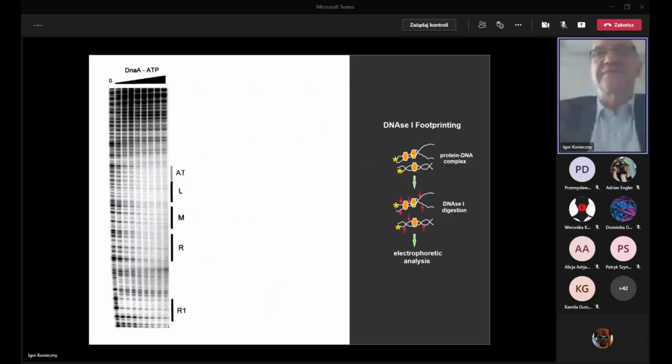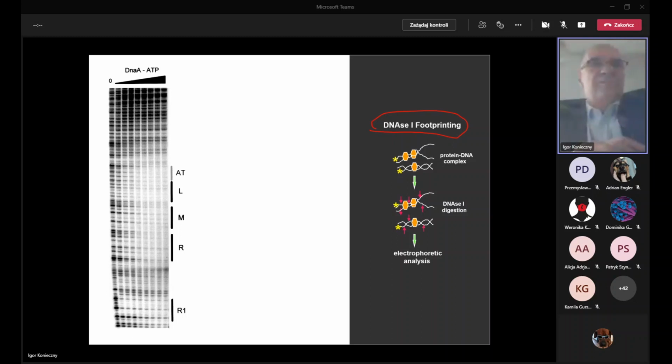The other technique to identify the interaction of a protein, whatever protein it is, is the DNase-1 footprinting assay. So it's an enzymatic reaction in which we can footprint, so analyze and identify the site of the interaction, and therefore the sequence which is recognized by the protein to interact with DNA.